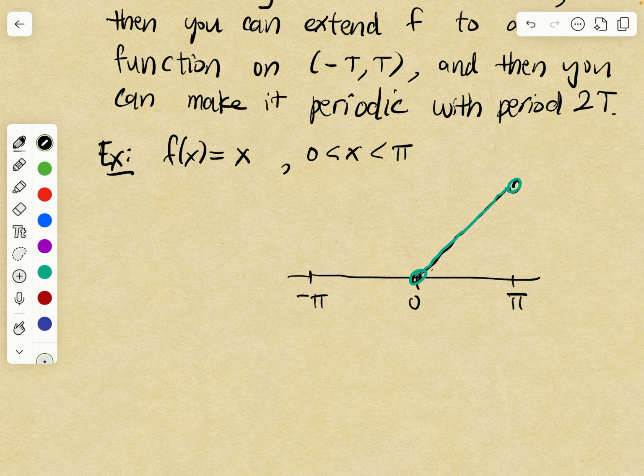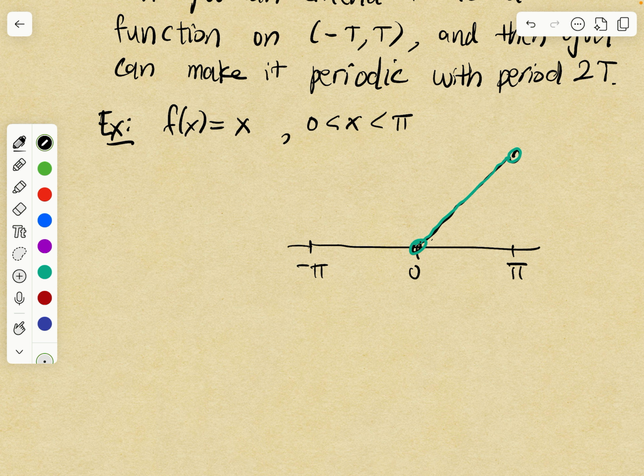Okay, there are a couple ways to do this. First of all, extending a function literally just means defining a function from negative pi to 0 so that from 0 to pi it's the same as the function f. So there's trillions of ways of extending the function to the interval from negative pi to pi.